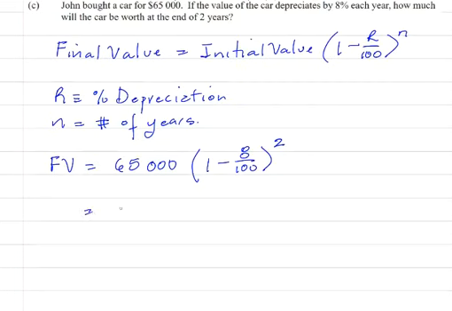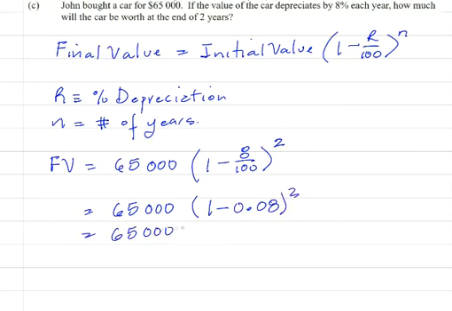So this is 65,000 times (1 minus 0.08) squared. This is 65,000 times 0.92 squared. Alright, so let's work that out.